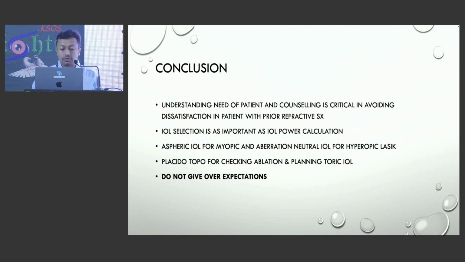And never give over-expectation to the patient of getting a glasses-free life after refractive surgery, because minor changes can happen, and preferably better not to go for diffractive lenses. The newer generation EDOF lenses are far better, and the monofocal lenses and extended monofocal lenses also do a better job.